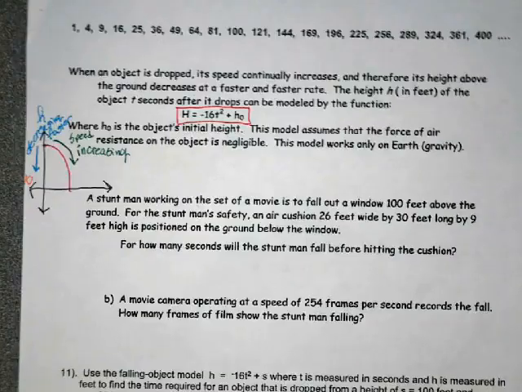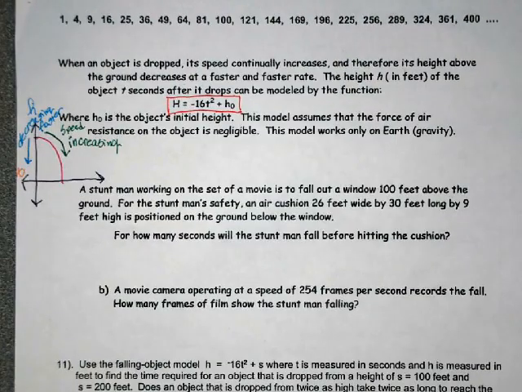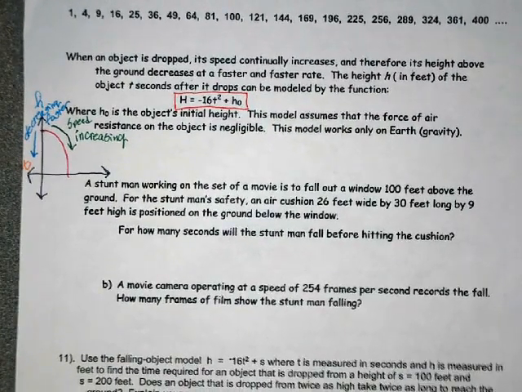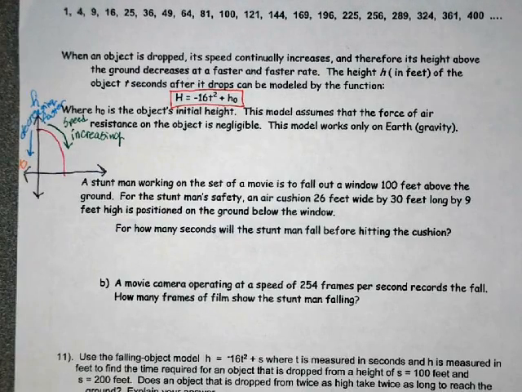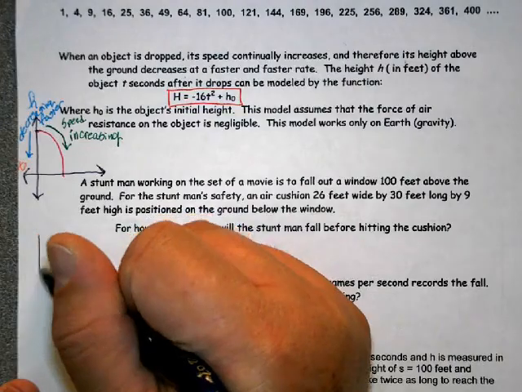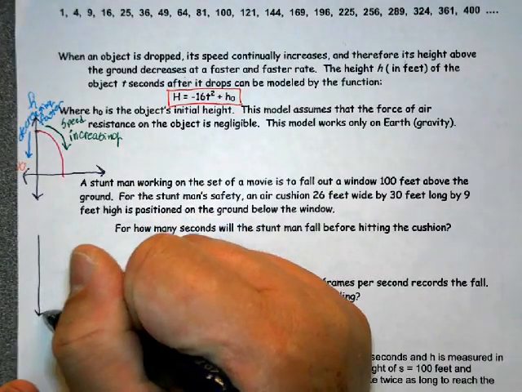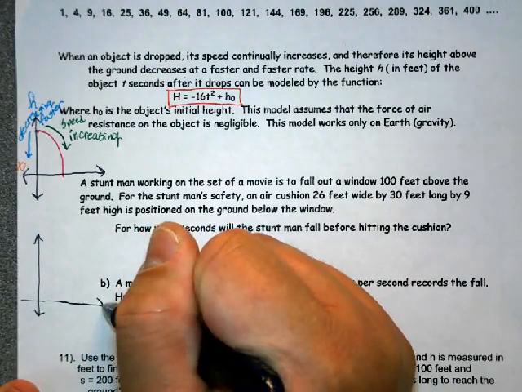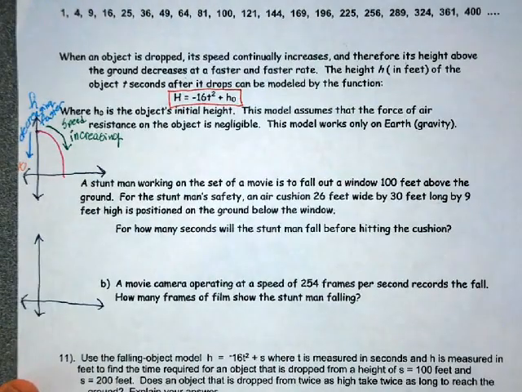Yeah. Good. A stuntman working on a set of a movie is to fall out of a window 100 feet above the ground. So again, I'm going to draw my picture, might as well. So here's my height.